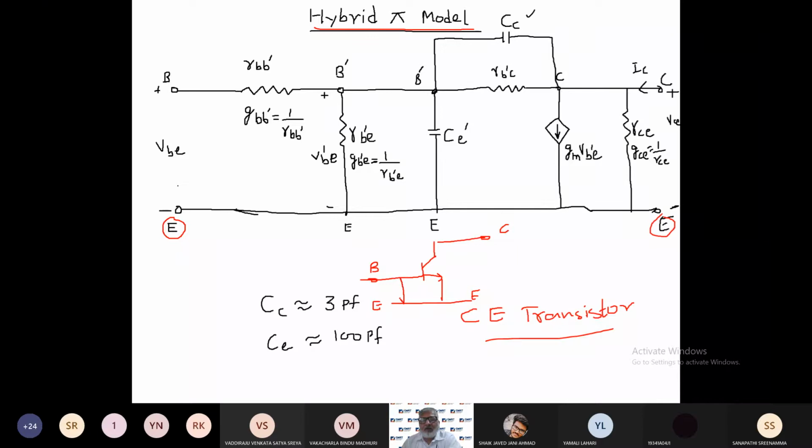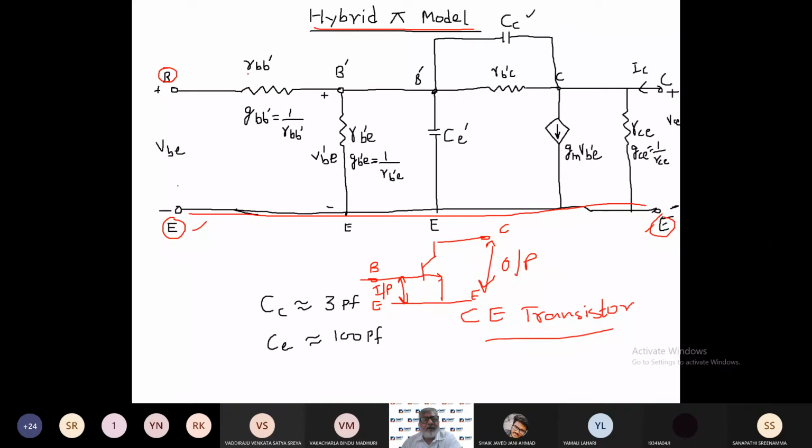So this is the input section, and this side is your output. So emitter is common. That's why you see here I've drawn one common line. This emitter, this is common. Okay. Now you come to the base side, input side. So in input we are having this base terminal.